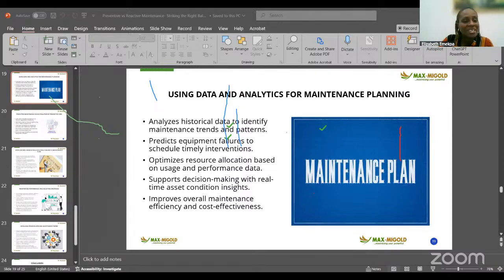But when your data is available, you tend to know what you're doing. You can quickly go back and say, oh, this thing was recorded, so this was what was done and how it was done. It prevents failures of equipment.